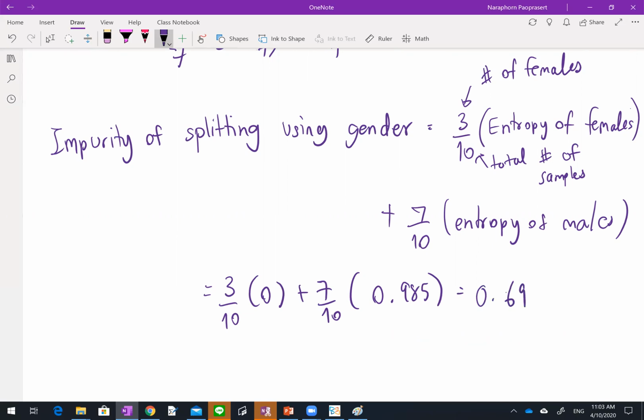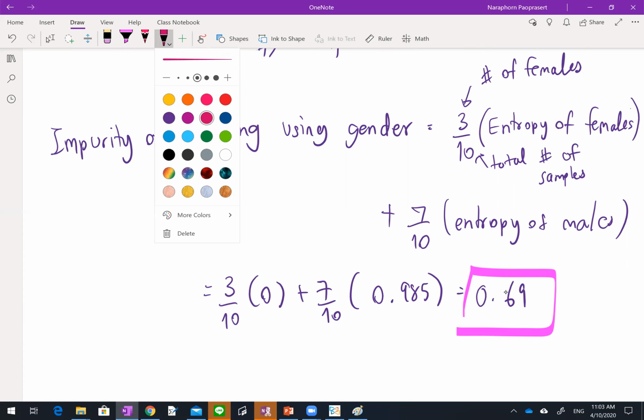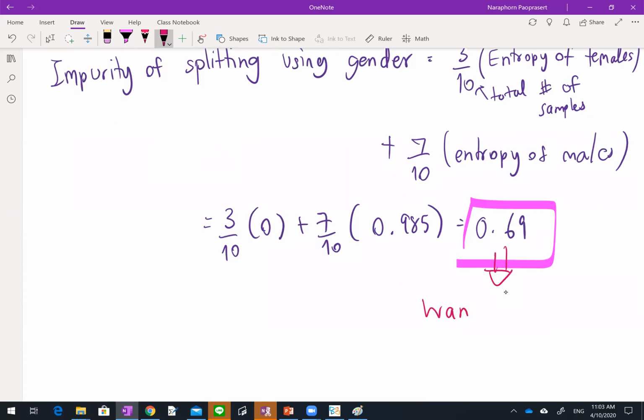This is the impurity value for splitting using gender. We want to split on the variable whose child nodes yield the lowest level of impurity, so we want this number to be as low as possible. Next I'm going to show you how to do it in the Excel sheet. This is just to give you the idea of how you can calculate entropy and impurity.